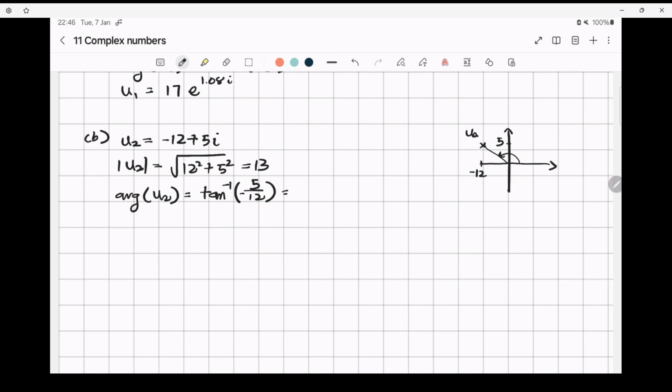You use your calculator to find the inverse tangent of 5 divided by 12, and then you use pi minus that particular answer, which is 0.3948. So this value comes from the inverse tangent of 5 over 12. So this is how you would calculate your angle in the second quadrant. And you will get 2.75 radian as your answer. So in the polar form, this will be 13 e^(2.75i).